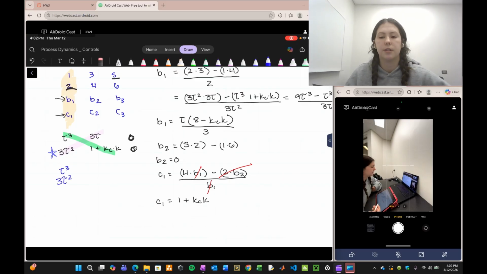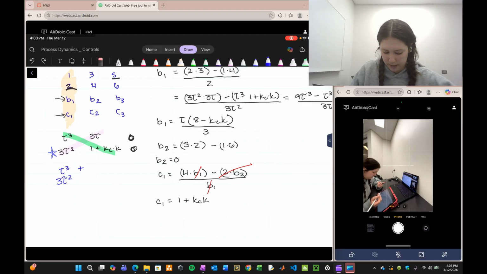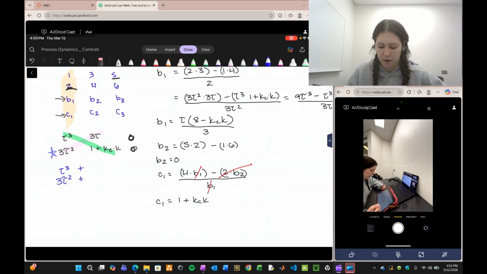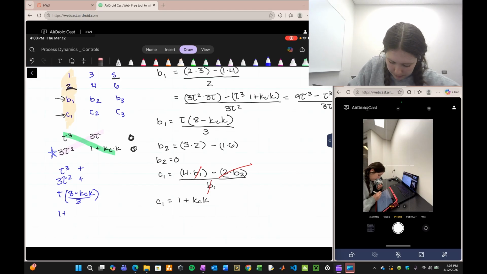And tau is our time constant, which is a non-negative number. It's always going to be positive. So this is positive. Again, this is positive. It's squared. It's times 3, a positive number. This is also positive. And then we have our B1 value. So we have tau times 8 minus KcK over 3. And we have our C1, which is 1 plus KcK.